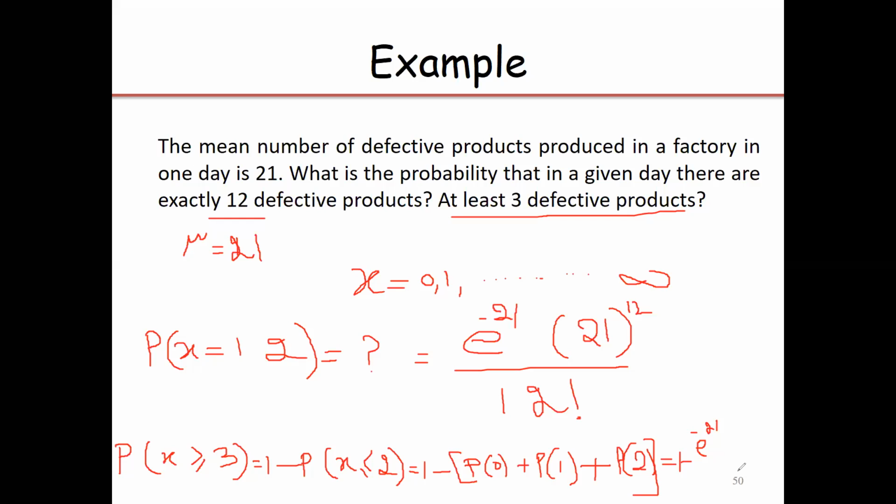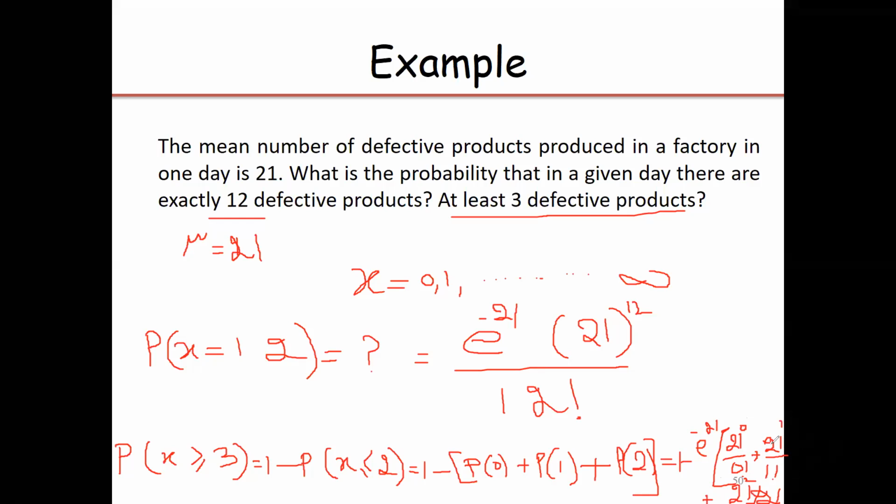This will be equal to, now we have 21 raised to the power 0 by 0 factorial plus 21 raised to the power 1 upon 1 factorial plus 21 raised to the power 2 upon 2 factorial.